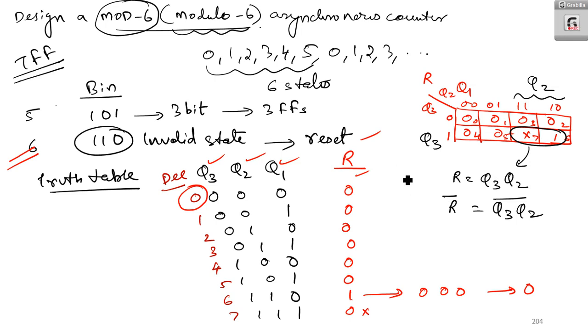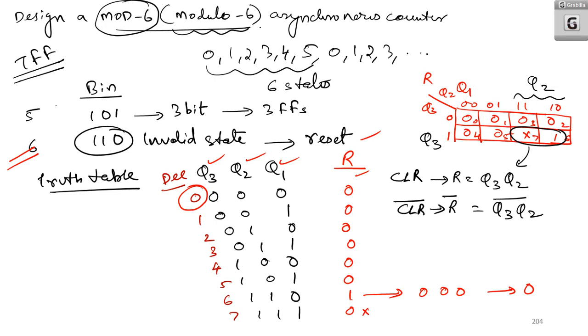There is a preset and a clear pin. If you are giving to the clear of the flip-flop, you should give R. And if it is given to the clear bar, you should give it as R bar. Okay, that is the basic concept here. So you got R bar as Q3 Q2 bar, and if it is clear, you will get reset R equal to Q3 Q2.